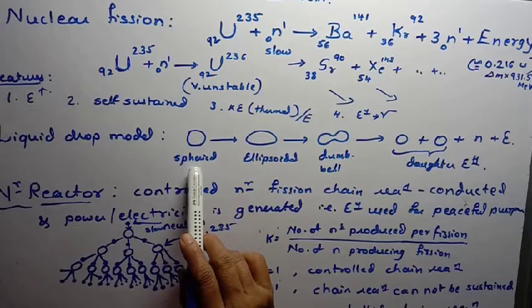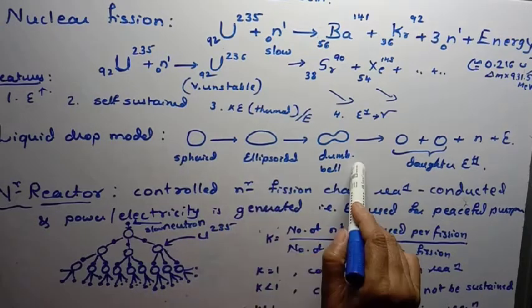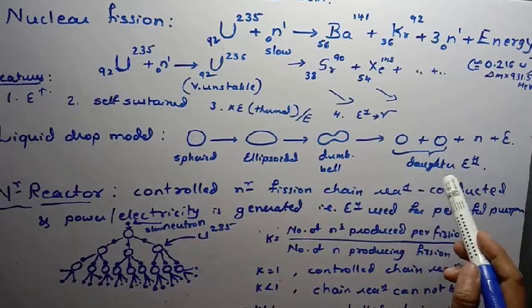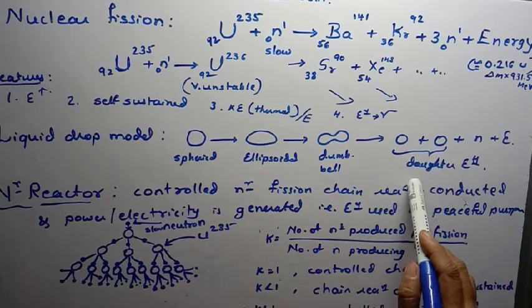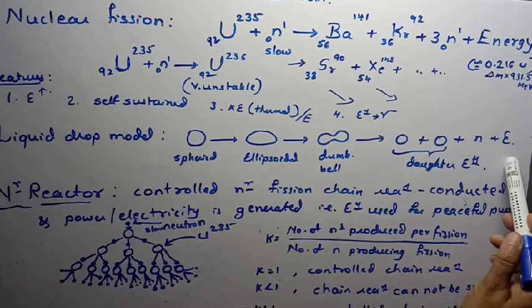As a result, it changes into ellipsoidal form, and further it changes into dumbbell shape, and further it breaks into two halves or daughter elements, with the liberation of neutrons as well as a huge amount of energy.